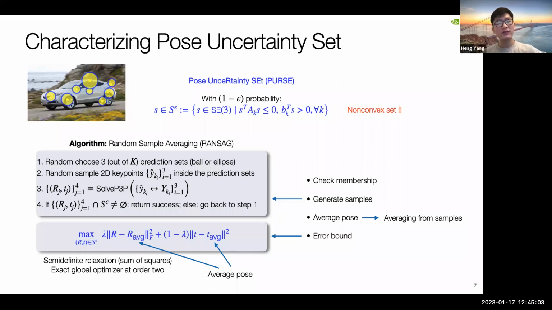So even if the relaxation is not tight, the value you get is still an upper bound on the error bound, right? That is, on the distance between the ground truth pose and my average pose.